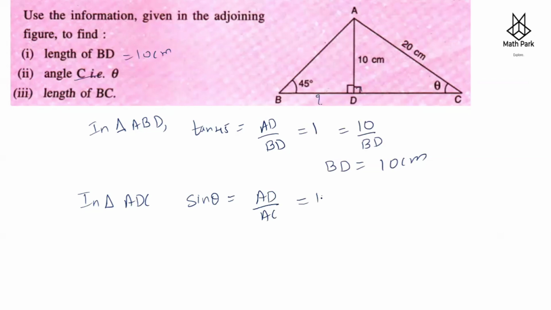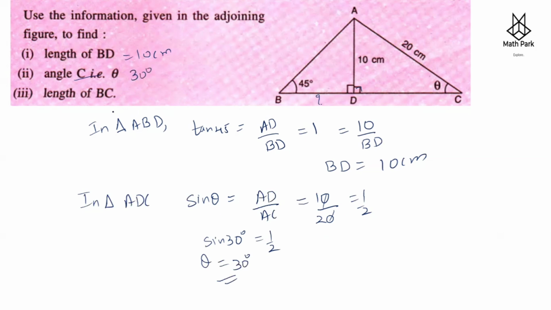So AD is 10 centimeter and AC is 20 centimeter. You simplify, you get half, and this is nothing but sine 30. So we got sine theta as half and sine 30 degree is half. So using these two equations, we get theta is equal to 30 degree. Got it? So this is how we got angle C as 30 degree.